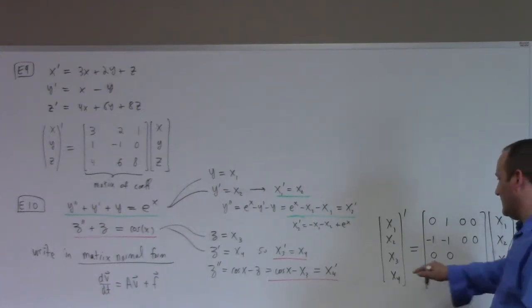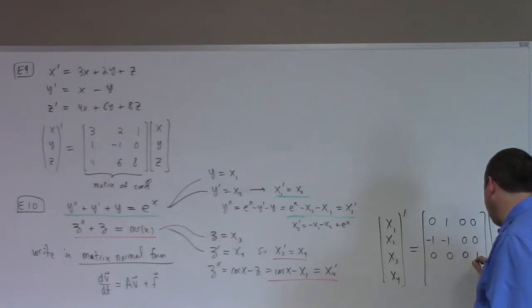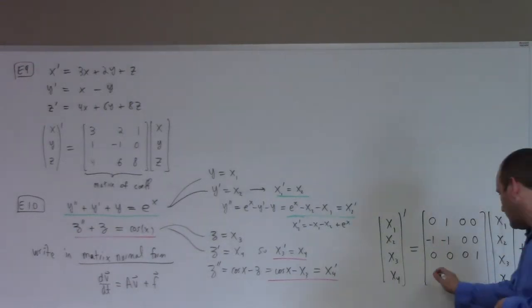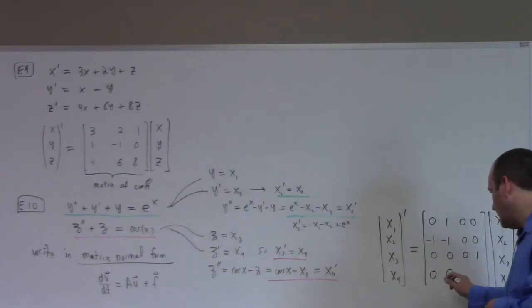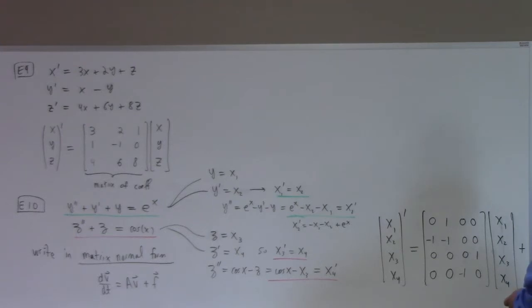This is the fourth one, right? So it should be 0, 0, 0, 1. That's my first red underlined equation there. There's no inhomogeneous term there, just a 0. And x4 prime is what? No x1 and x2, right? So I get 0, 0, minus 1, 0, and then a cosine x over here.